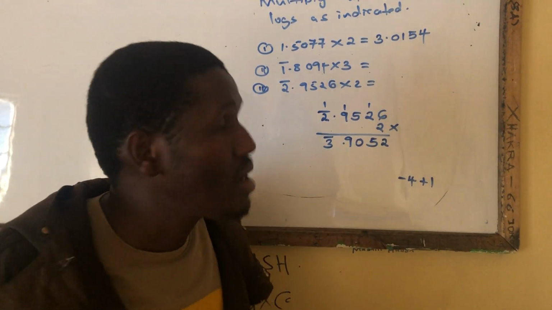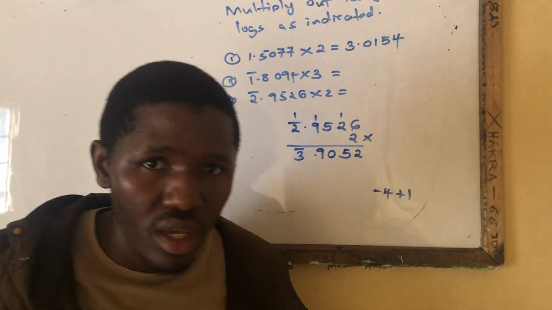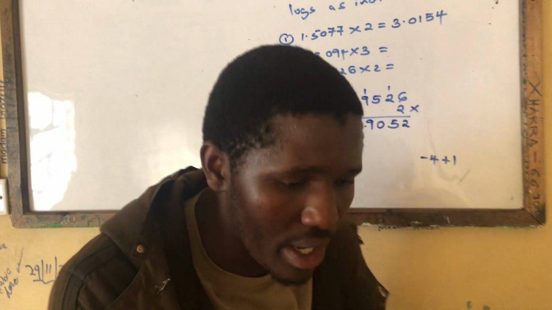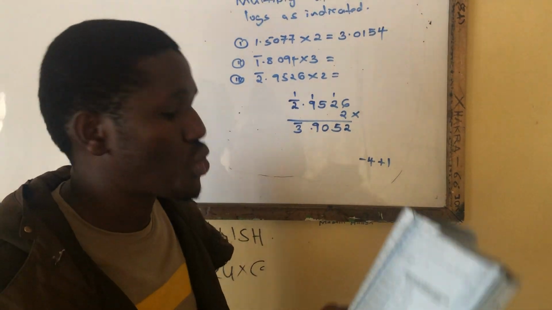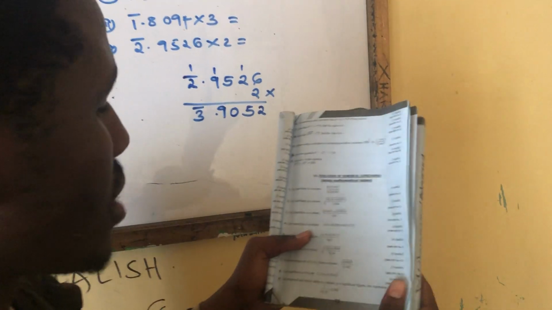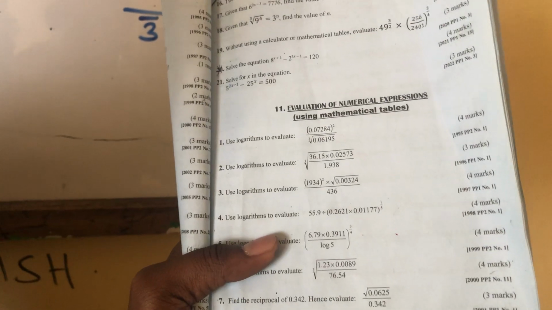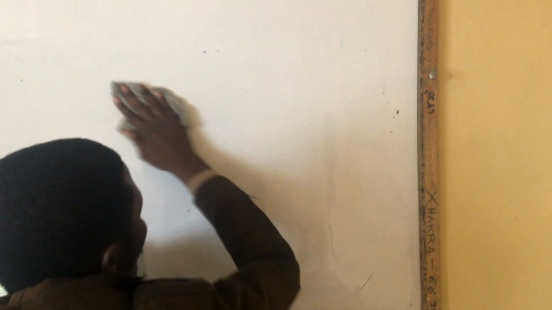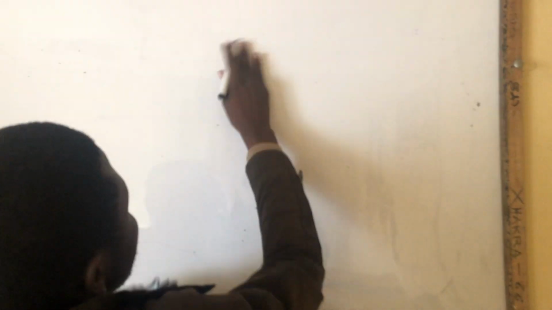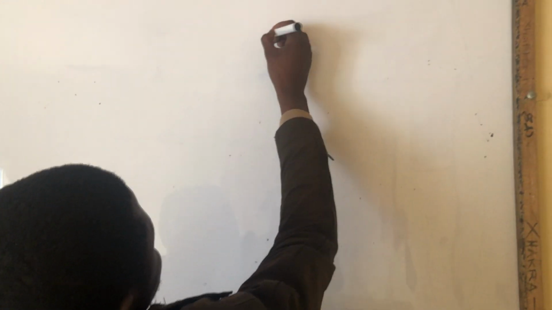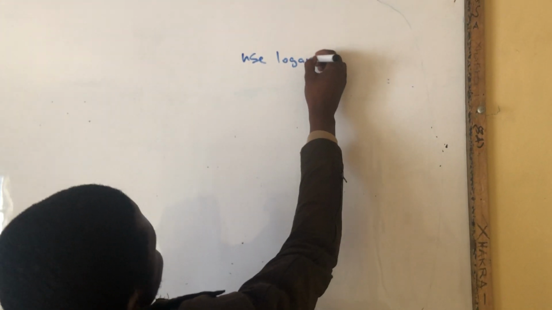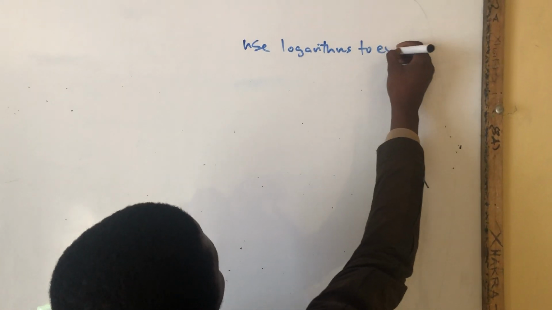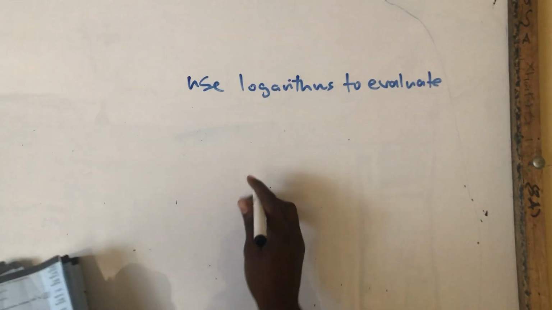That one understood. I want us now to come to a full question of logarithms, and see how to solve it. Now I want to take you through one which does not involve any power, and that will be the second one. So we have got this one here. You are told to use logarithms to evaluate.